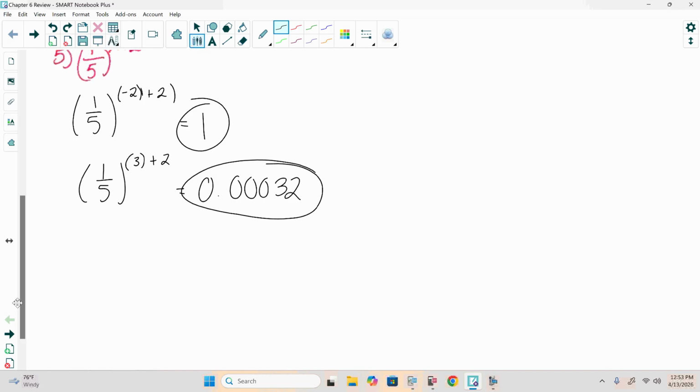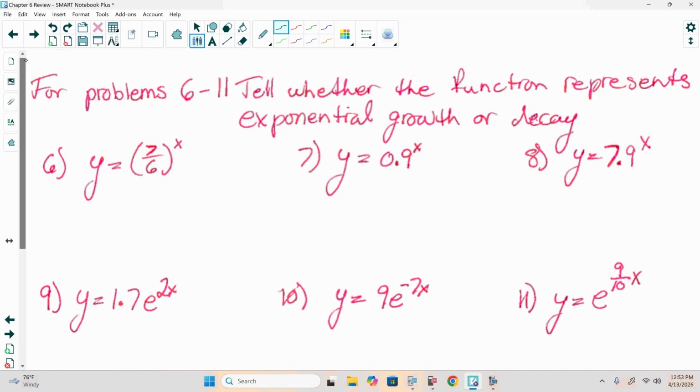Do we feel good with 1 through 5? Okay. If there's no other questions on 1 through 5, we'll go on and move to the next part.